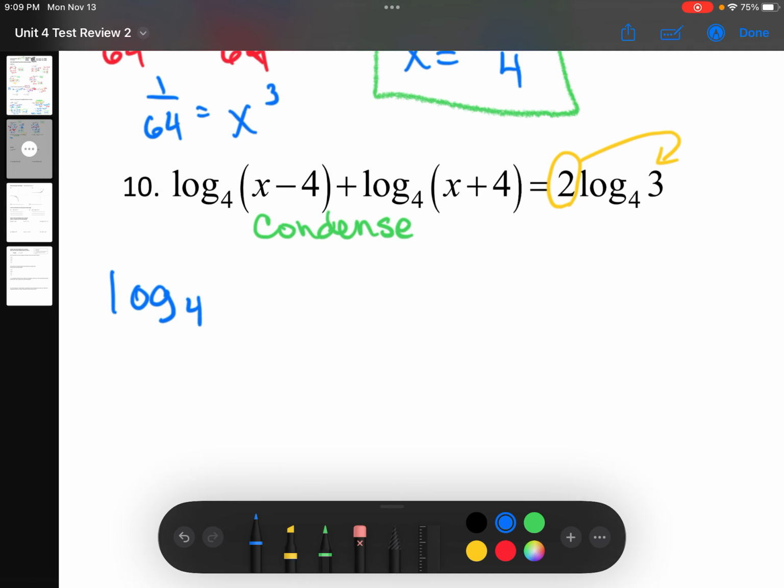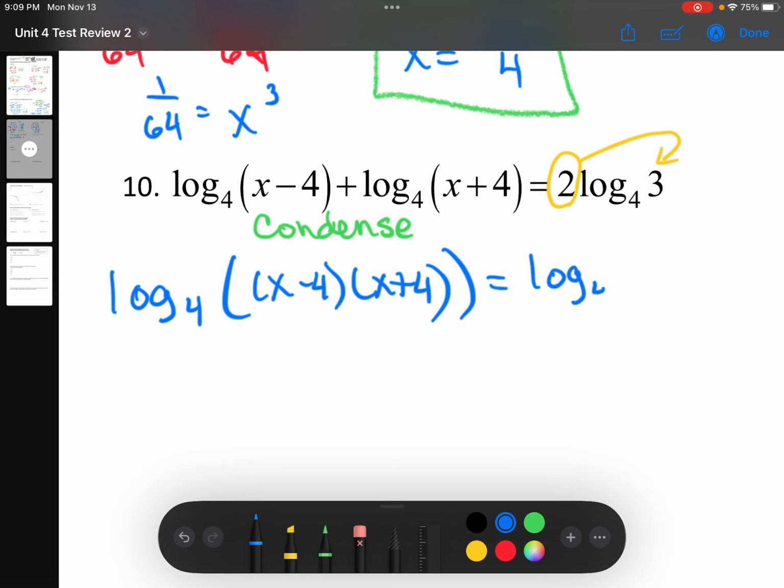So that would be log base 4 of x minus 4 times x plus 4. And that would be equal to log base 4 of 3 squared. So 3 squared is 9. It's going to be log base 4 of 9.